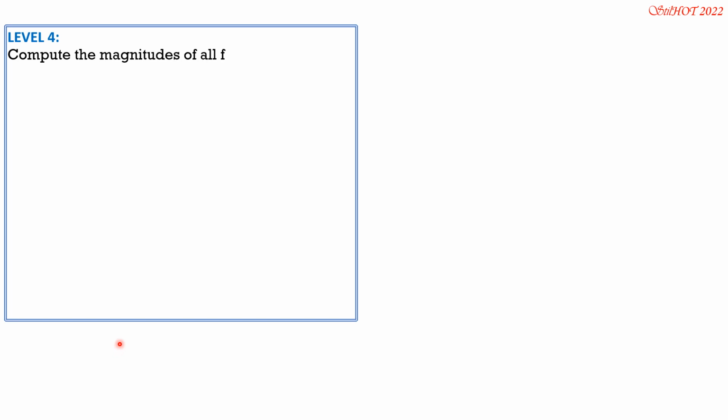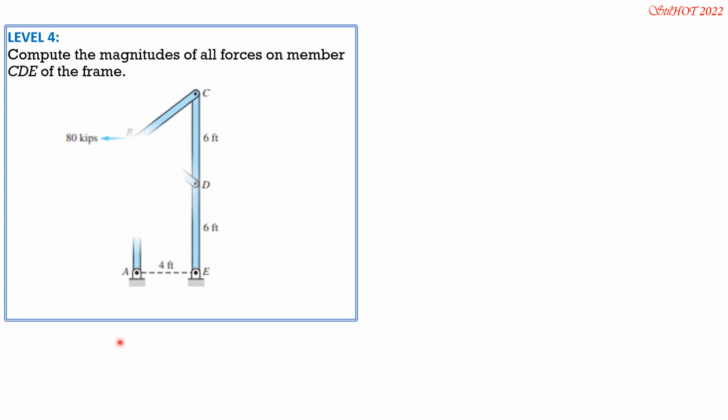Compute the magnitudes of all forces on member CDE of the frame. So by taking a look, we have two force bodies, namely BC and BD are two force bodies here. And even AB is also a two force body.